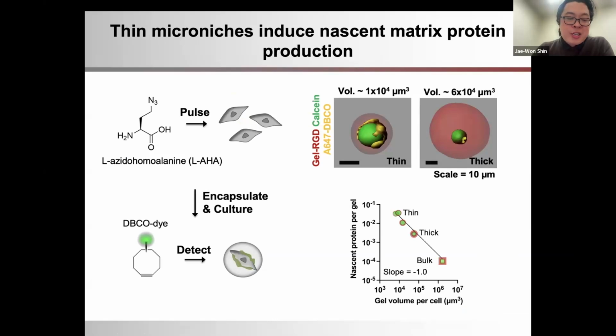So this suggests that by simply encapsulating cells in a thin microniche, it is possible to direct their cellular behavior, not only in terms of volumetric expansion, but also synthesis of new matrix. So in other words, cells are able to sense how much matrix they're already surrounded by, and then make new one if they're needed.